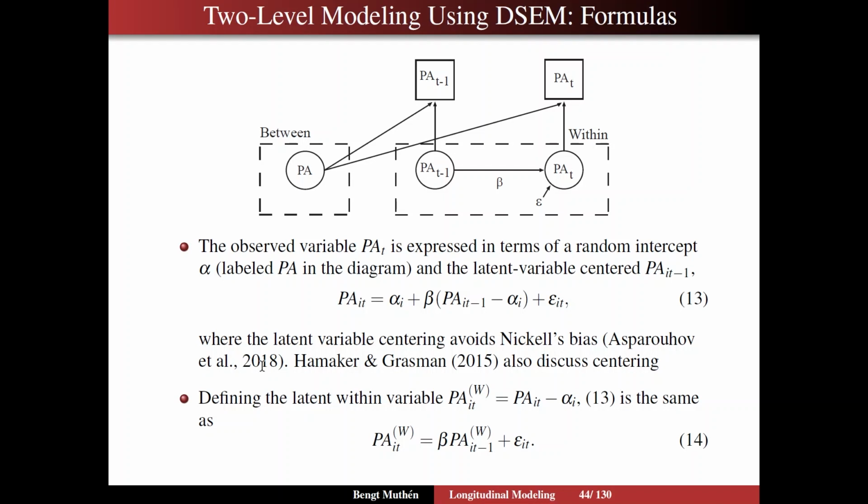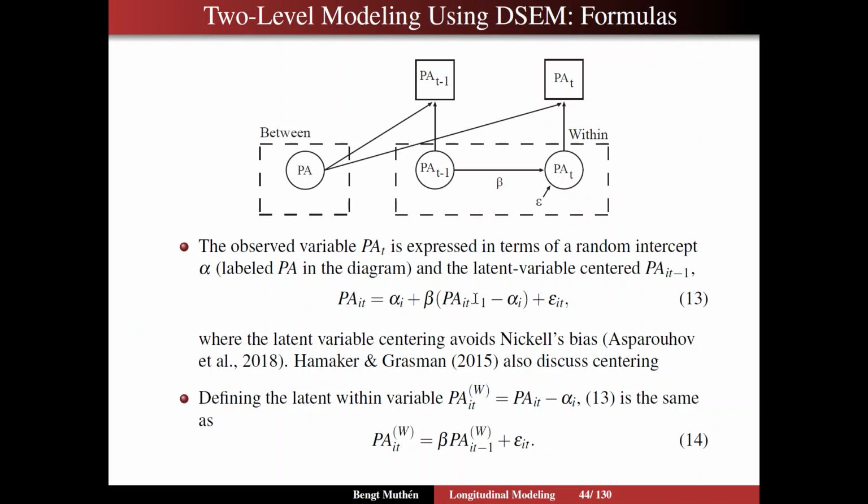Asparouhov, Hamaker, Muthén. If you want to read more about centering choices, you can read the Hamaker-Grasman 2015 paper in Frontiers in Psychology discussing centering in general. But latent variable centering is the key.